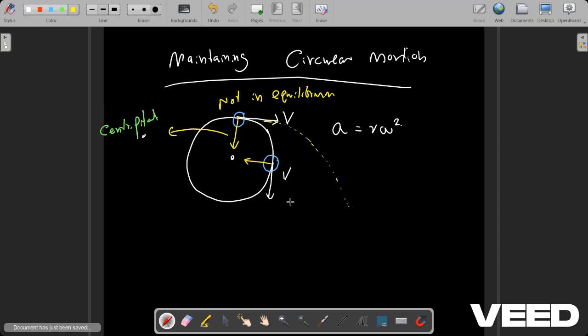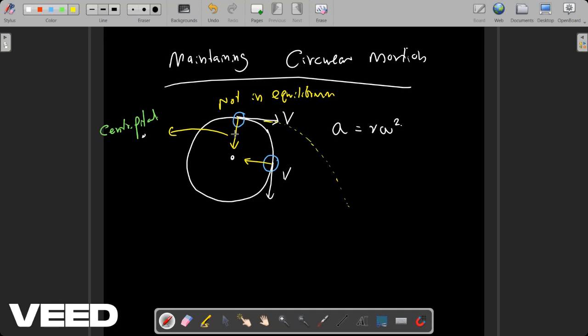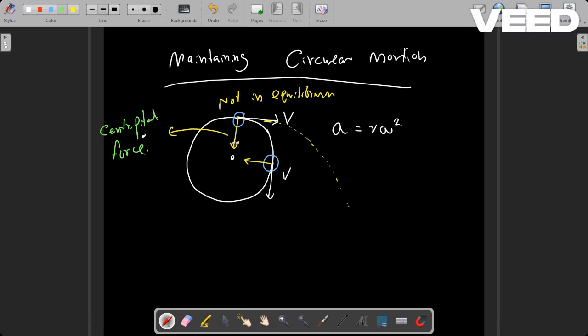This object is not taking this path because it is constantly being pulled towards the center of this orbit. It is called a centripetal force. So you can apply the same equations we have applied in linear motion, F equals ma. The formulas may be different, but the same principles can be applied.